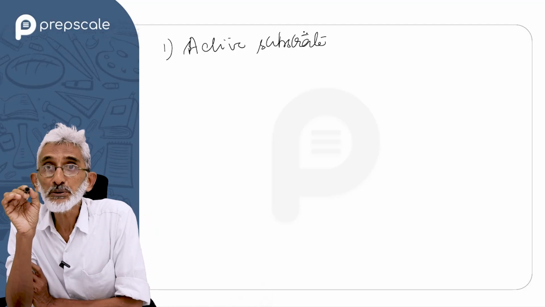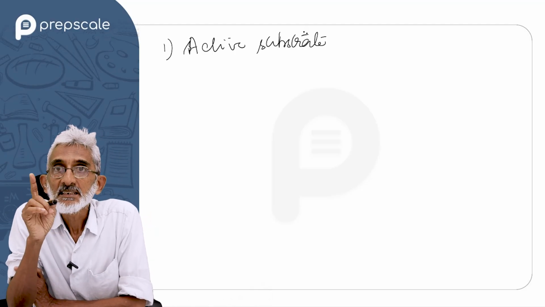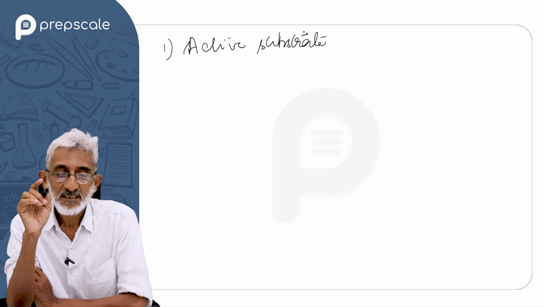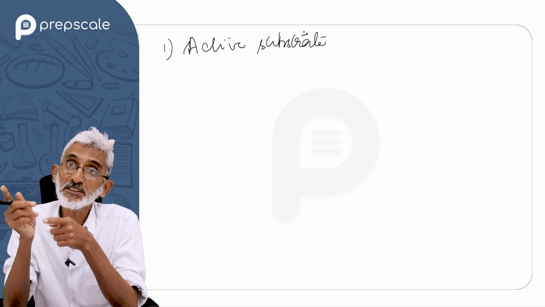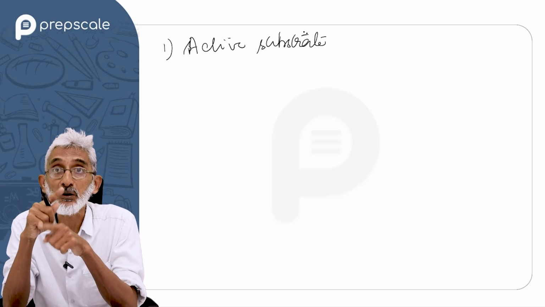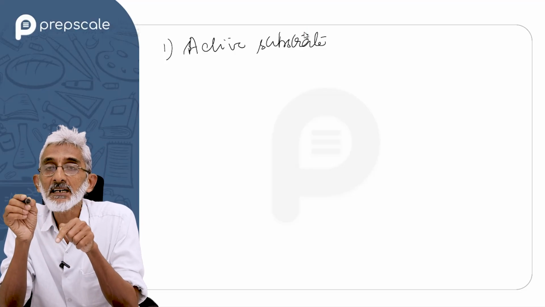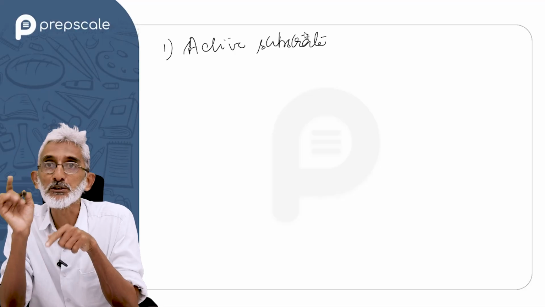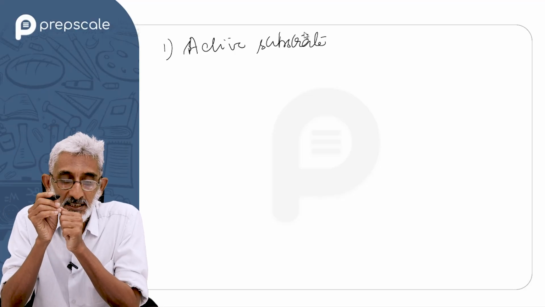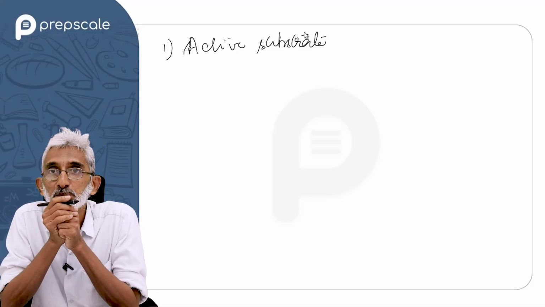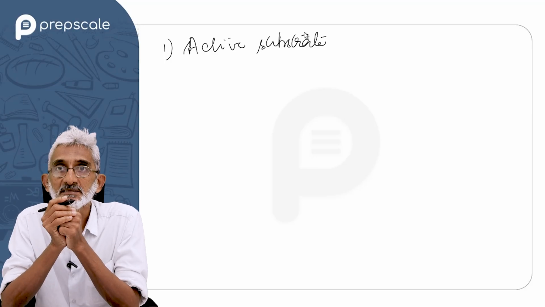So if a new stereocenter is generated in a molecule which is already having a chiral center, you will have the chance of forming 2 diastereomers. We will explain this by taking a few examples.